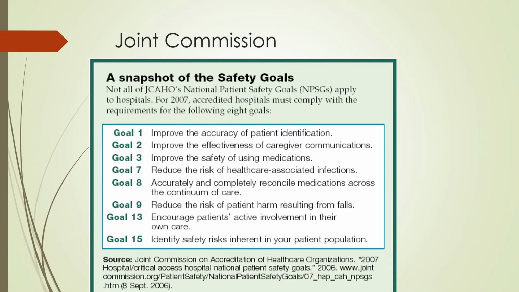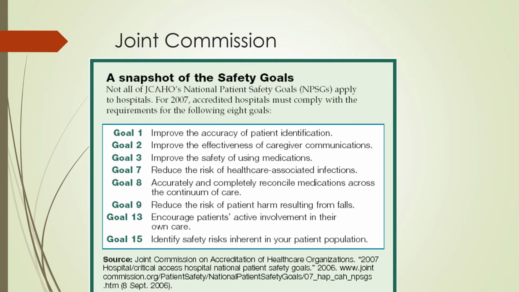Joint Commission. So look, this is again the snapshot of the safety goals. Not all of the Joint Commission safety goals apply to hospitals. For 2007, accredited hospitals must comply with the following 8 goals: improve the accuracy of patient identification, using 2 identifiers; caregiver communication; safety with medications; reducing the risk of hospital-acquired infections; and accurately and completely reconcile medications across the continuum of care.